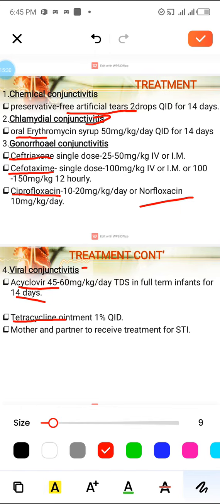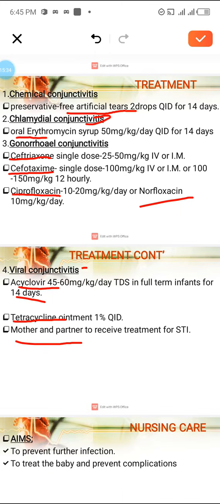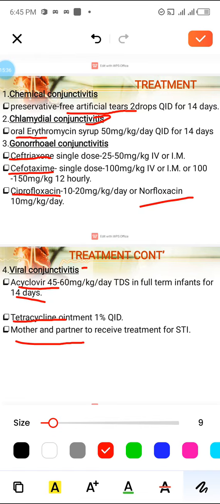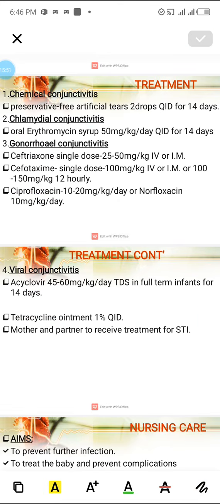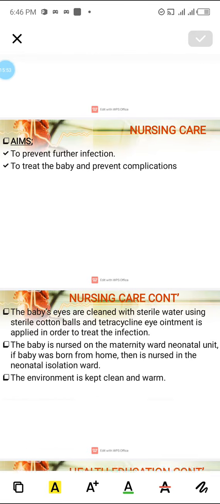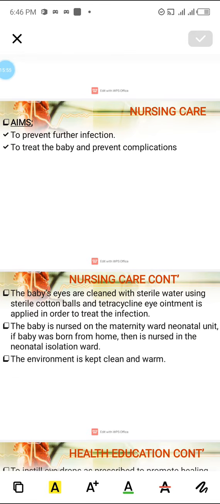Then the mother and her partner should receive STI treatment and screening for HIV. So you need to screen them for STI, treat them for this STI, and then screen them for HIV, so that you protect the baby.